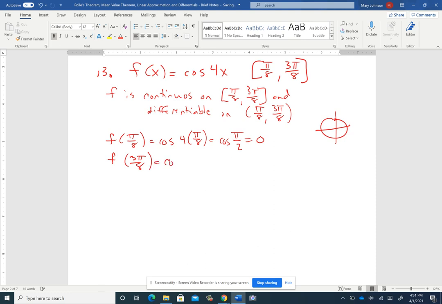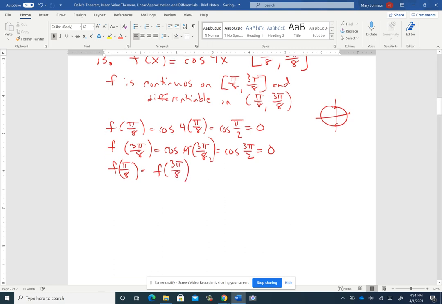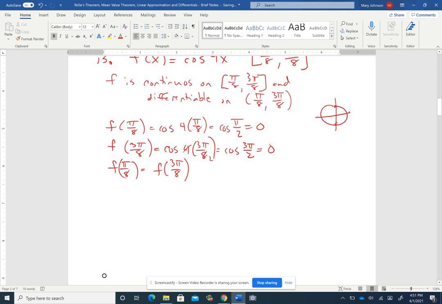When you plug in 3 pi over 8, then you'll get 3 pi over 2 that you need to do the cosine of. And 3 pi over 2 is down here, and that's also 0. So f of pi over 8 does equal f of 3 pi over 8. And again, it doesn't matter that they're equal to 0. They just need to be equal to each other. All right, so Rolle's theorem does apply, so we'll continue.